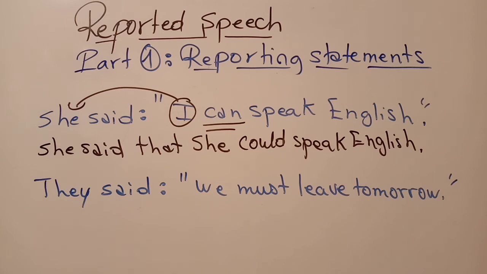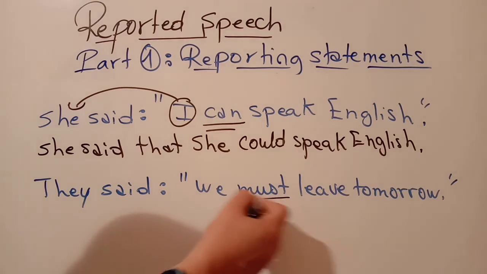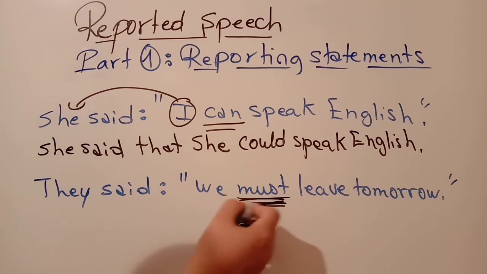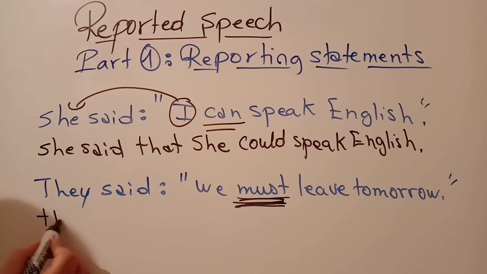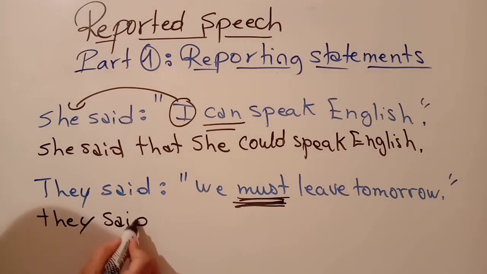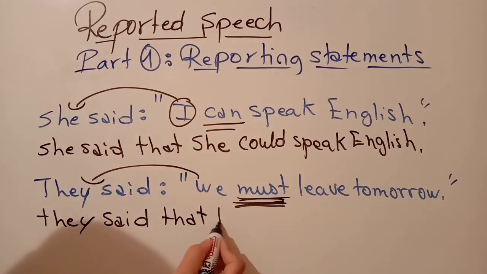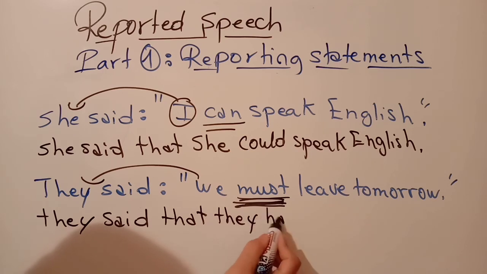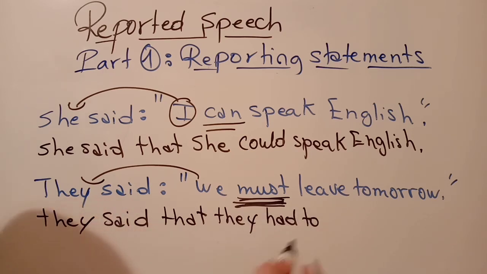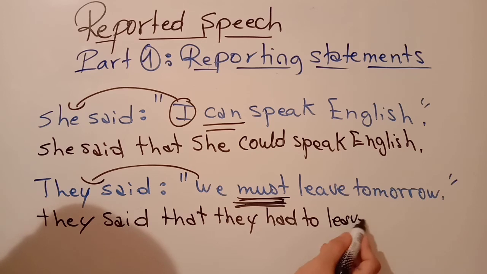Second example, they said we must leave tomorrow. Okay, so here you have must. So you have to bear in mind that if you have must, it becomes had to. So they said that. Okay, we refers to they, that's they had to, okay, to leave tomorrow.